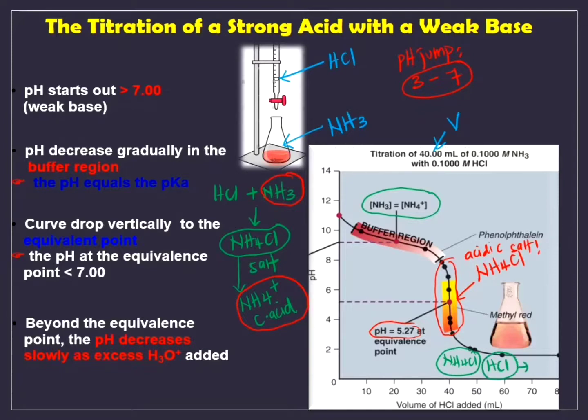So the pH here after equivalent point must depends on the strong acid. Kalau strong acid bertemu dengan salt, tak jadi buffer. Saya ulang, strong acid bertemu dengan salt dia tak jadi buffer. Sama juga strong base bertemu dengan salt, takkan jadi buffer solution. So the pH after equivalent point here must depends on the strong acid only.